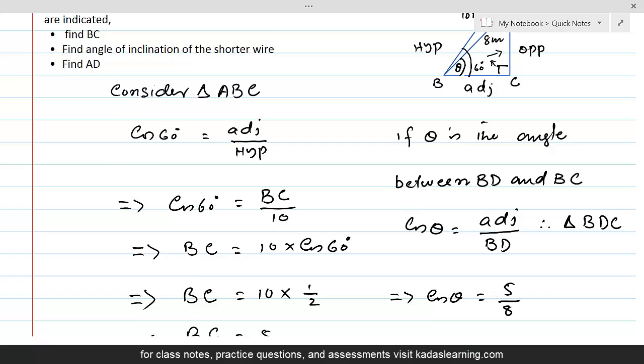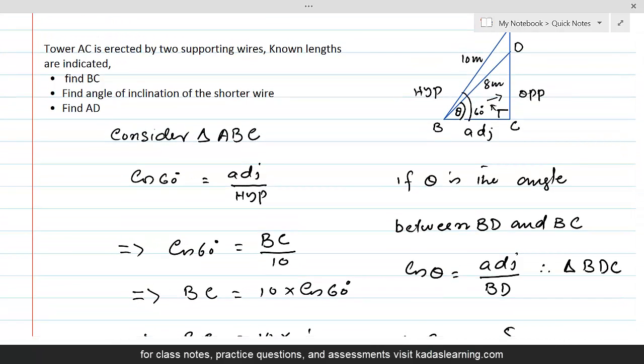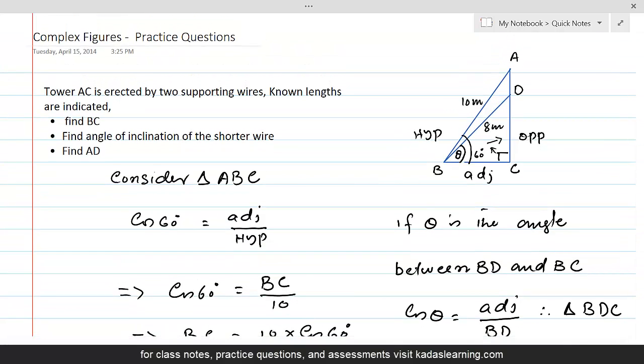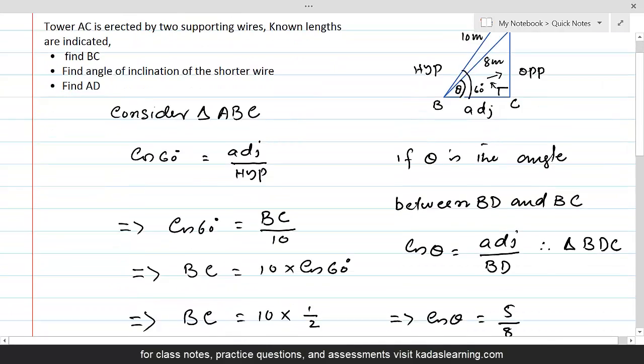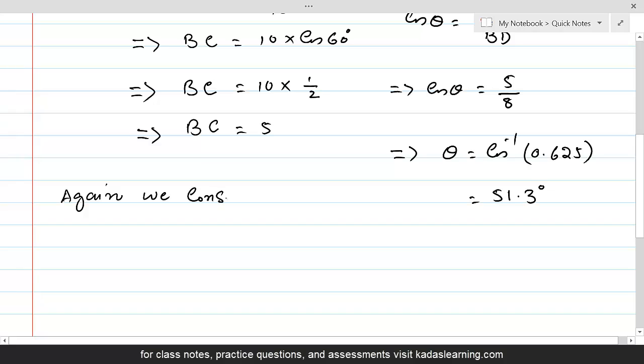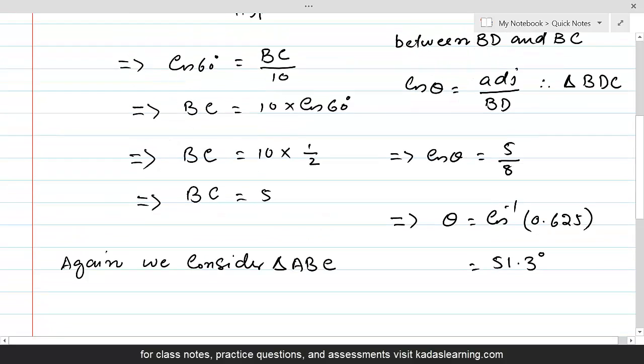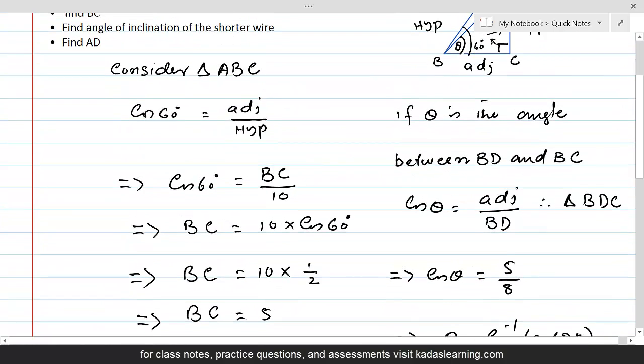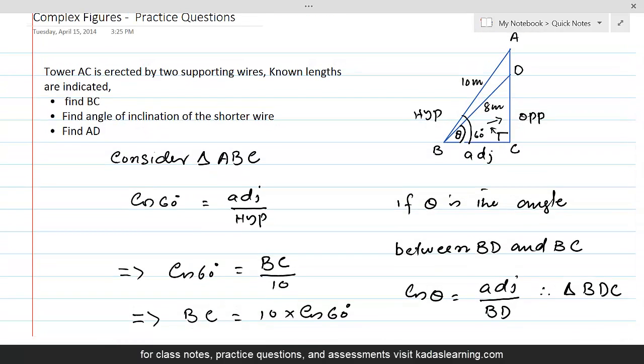And for this distance, we will again consider triangle ABC, and this time from this triangle we will be finding the ratio between opposite and the hypotenuse, that will be sine 60 degree.